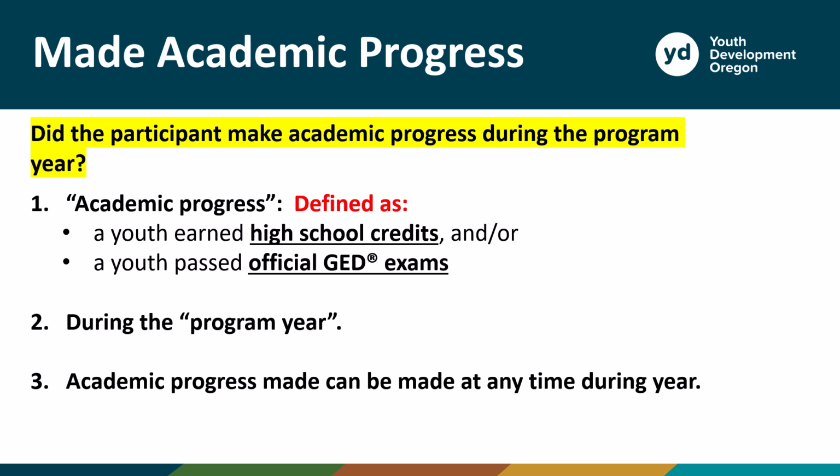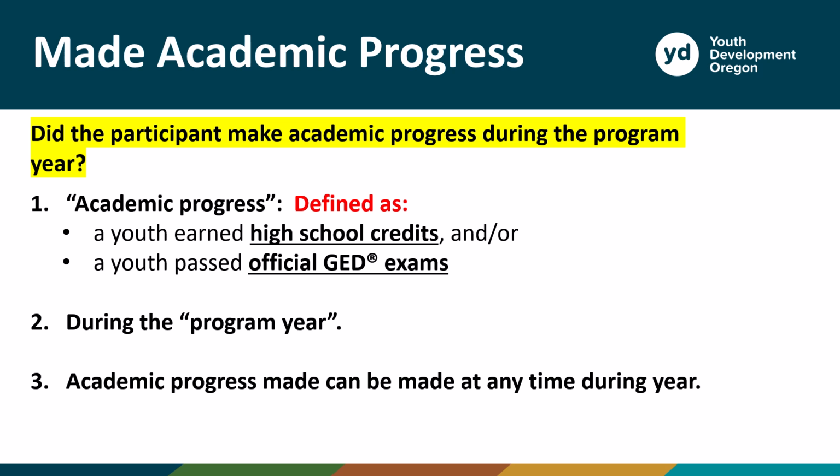This data element is asking, did the participant make academic progress as defined by either the youth earned high school credits on their transcript and or the youth passed an official GED exam during the program year. So only high school credits on transcripts or a GED exam or exams during the program year would be a yes for made academic progress.